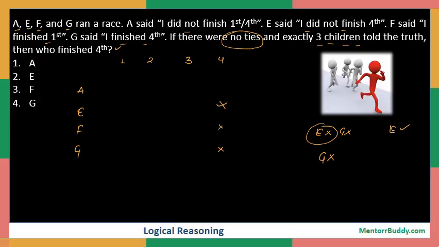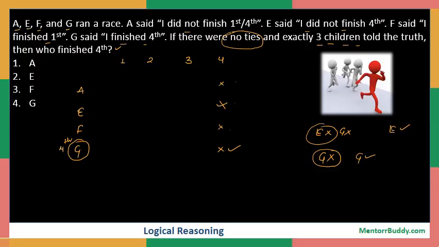And A said I did not finish first or fourth, so A has also not finished fourth. So all the people would be at positions other than fourth, which is impossible. That means G cannot speak a wrong statement, so G has to be correct. When G says I finished fourth, this is a correct statement, and hence G has come to the fourth position.